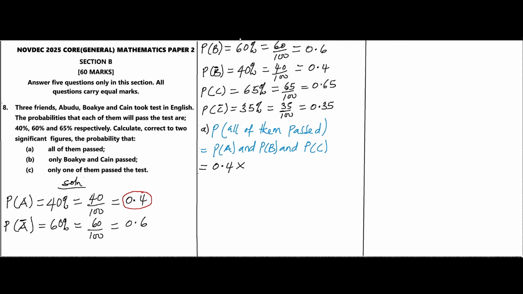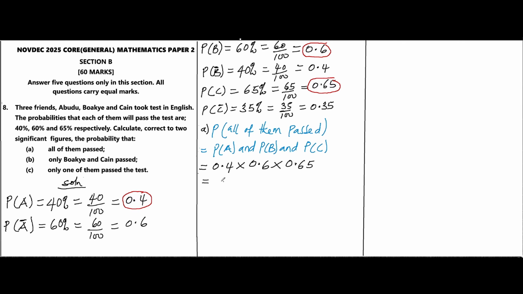Next, the probability that Boakye will pass the test in terms of decimal, we have 0.6, and denotes multiplication. And then lastly, the probability that Cain will pass, we have 0.65. So let's compute 0.4 multiplying 0.6 multiplying 0.65.